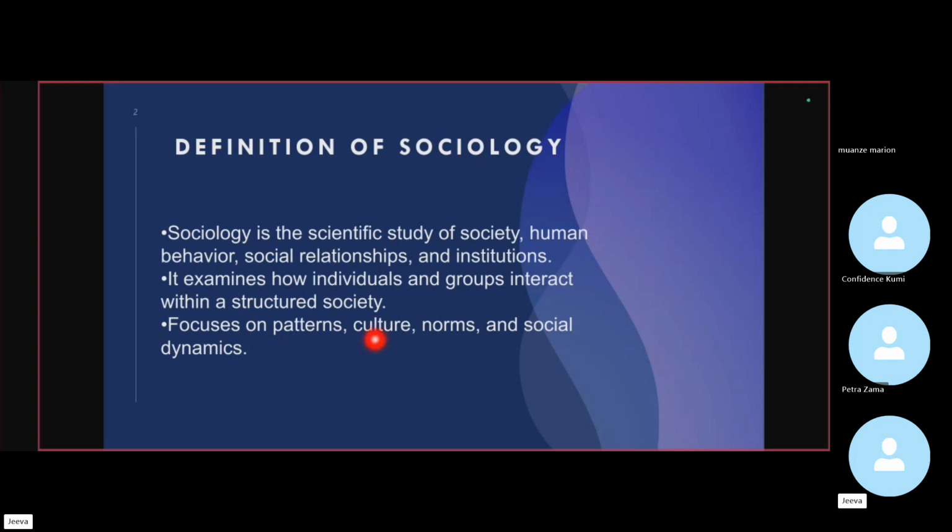So sociology is the study of society, human behavior, social relationships among people and between the different institutions, and how an individual or a group of people interact within themselves when they are living in a society.